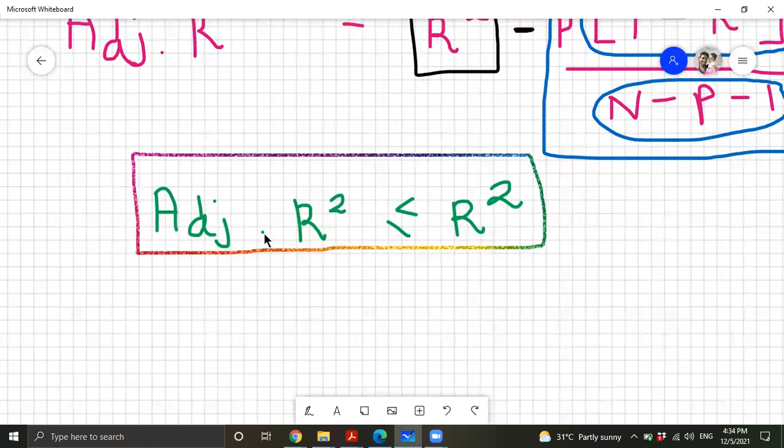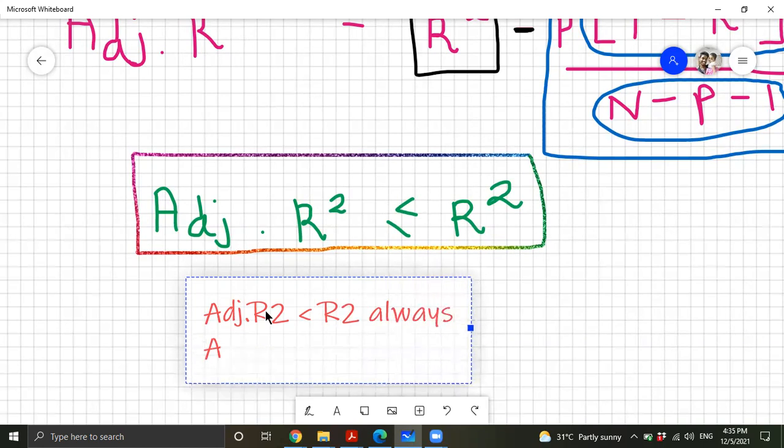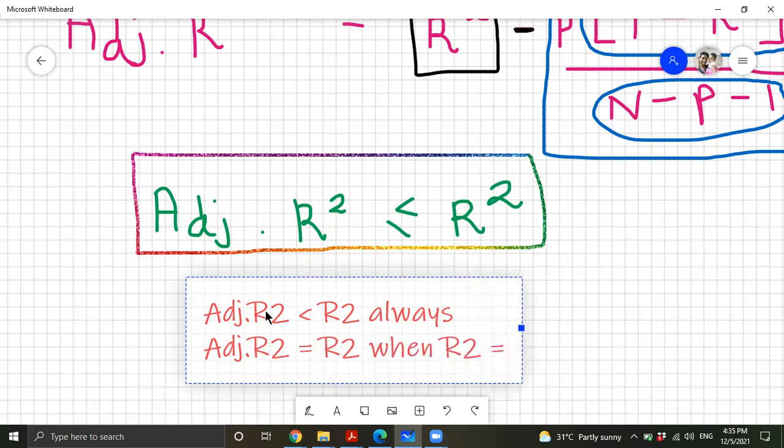So generally, let me write it here. Adjusted R square is always less than or equal to R square. Sorry, here I made a mistake, it is less than or equal to.